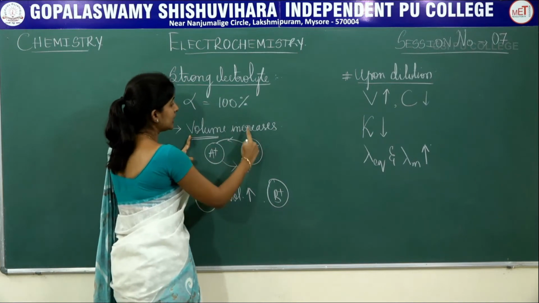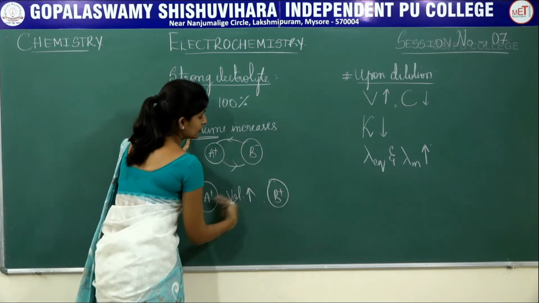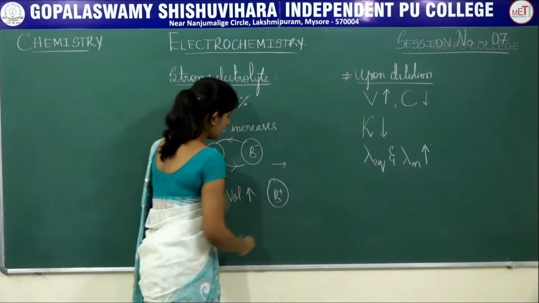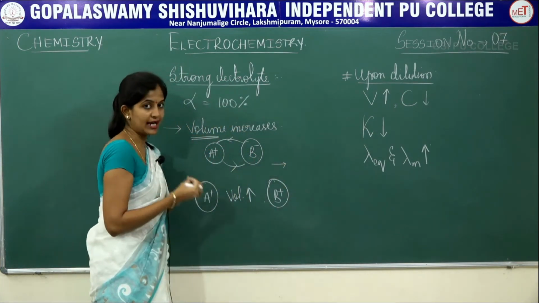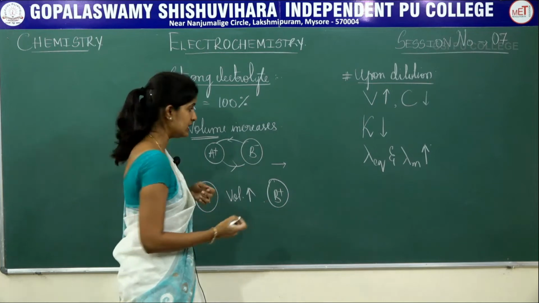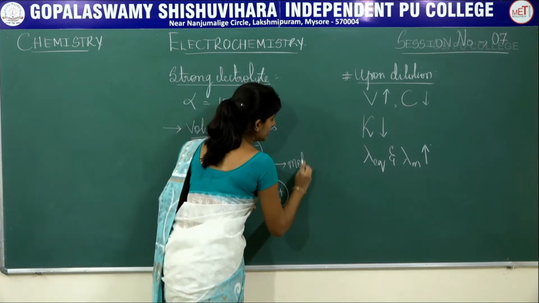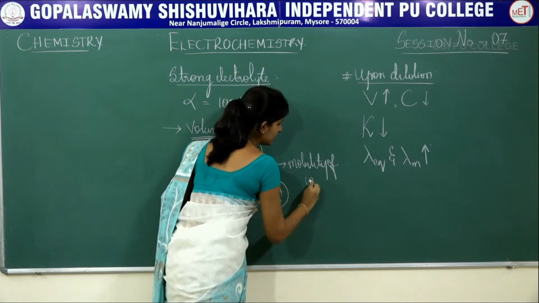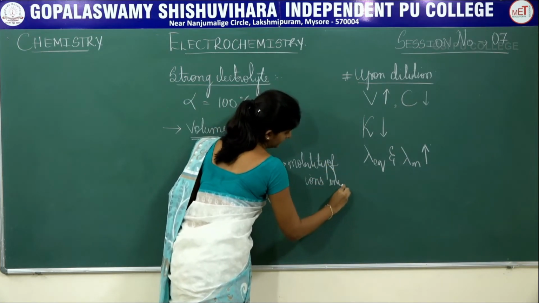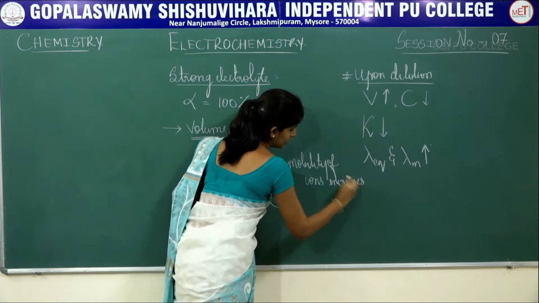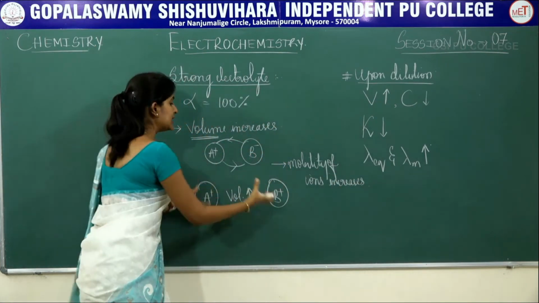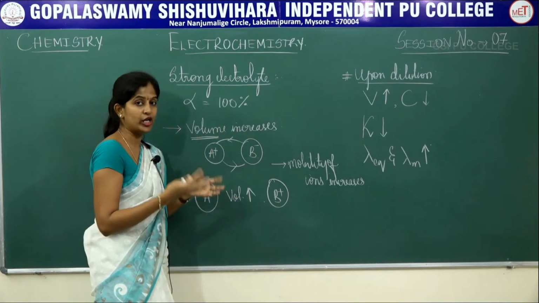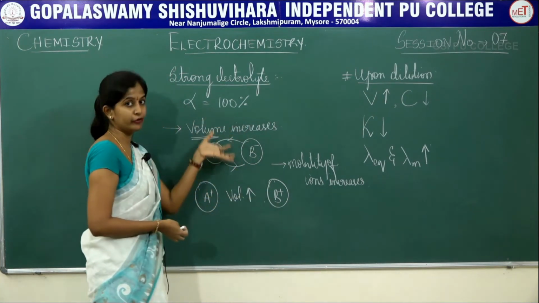That is, the increase in volume decreases the force of interaction between the ions. The second thing is, since the total volume increases upon dilution, the mobility of the ions increases. Simply think that these ions can move very freely because you have a large total volume upon dilution when compared to before dilution.